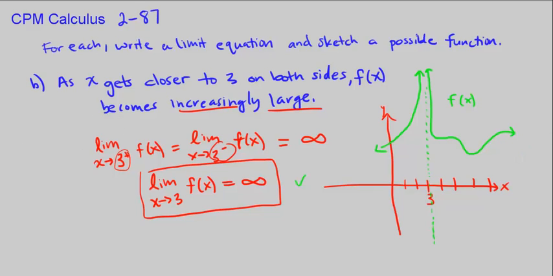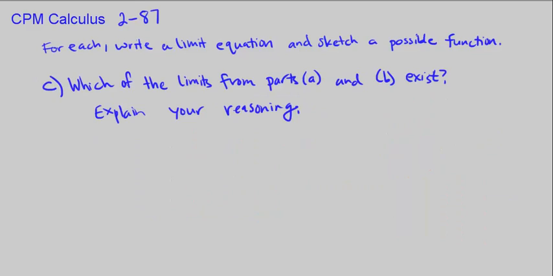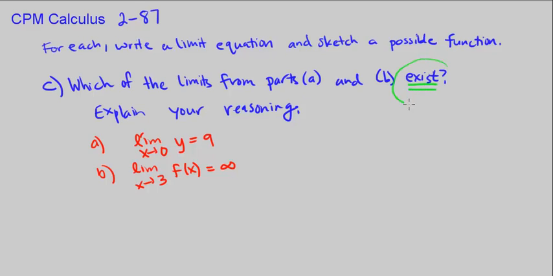Finally, part C: which of the limits from parts A and B exist? Explain your reasoning. From part A, the limit as x approaches 0 of y equals 9, and from part B, the limit as x approaches 3 of f of x equals infinity. Which one exists? This is really the main point of this section: what does it mean to exist?